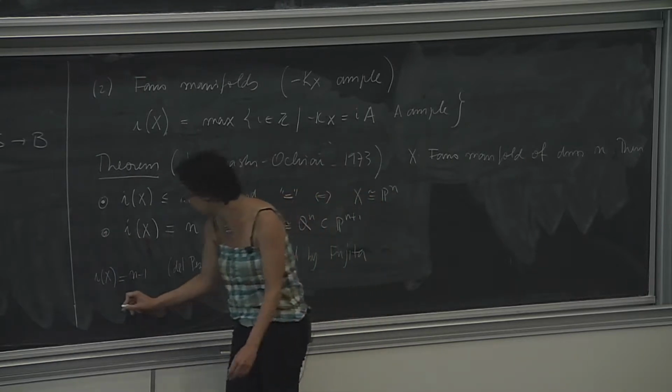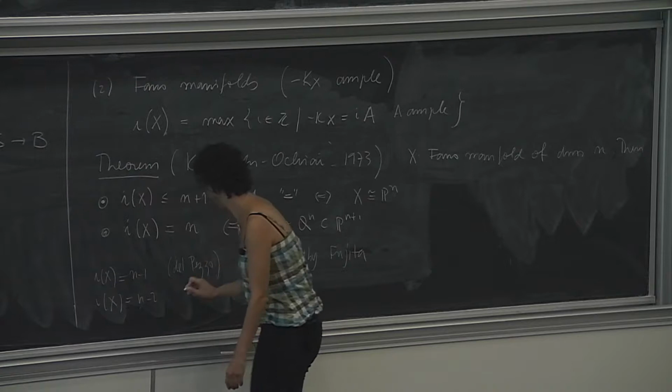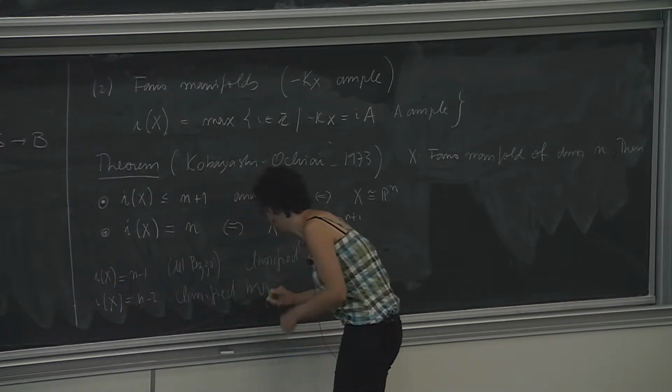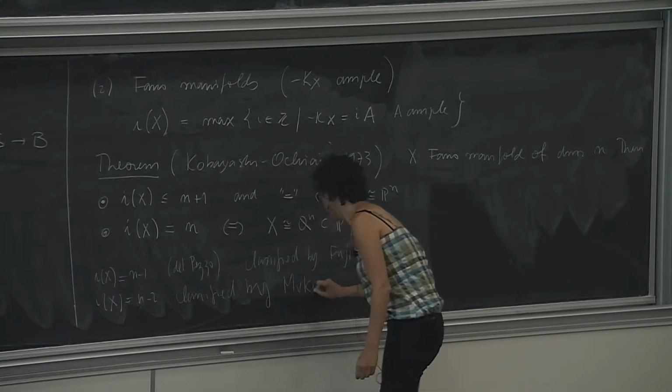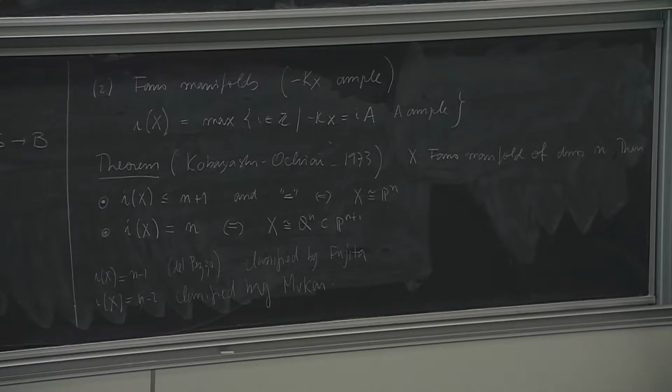The next case, if the index is n minus 2, was classified by Mukai. This is all in the smooth setting. There are some results in the singular setting as well, but I don't want to get into this.